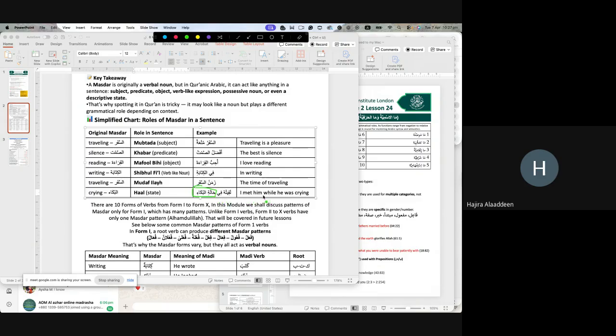Shouldn't it be meaning, like the way I did? Meaning will dictate. I met him, laqituhu, fil halatil bukai. So fi in the state of bukai, crying. Can you see the meaning clear? So we are seeing here the hal is the phrase here.